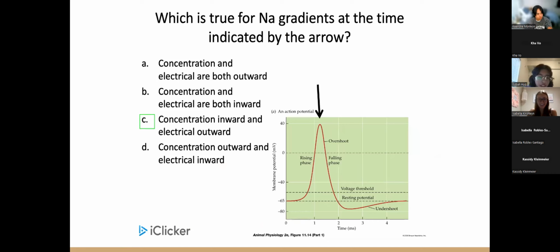For this question, you can also think of it one more way. At the overshoot, sodium is at its Nernst potential, because its Nernst potential is really close to 40 millivolts. If the membrane is at the Nernst potential of sodium, that means sodium is in equilibrium.